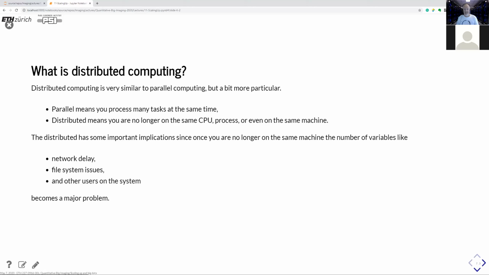And then there are file system issues: if many processes access the same storage unit, it needs to have some priority queue that tells which can access the storage right now.